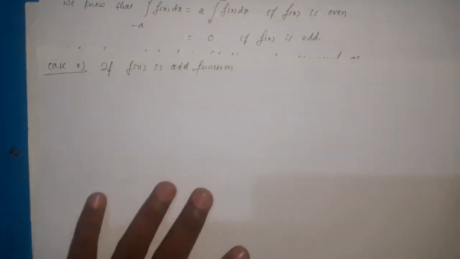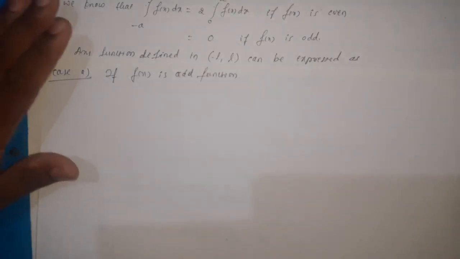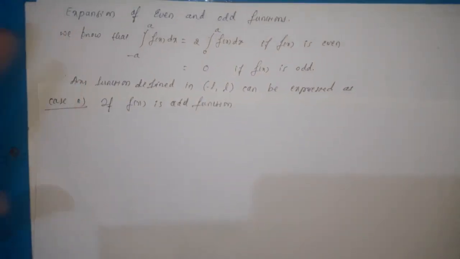Now let us start with the second case. If f of x is an odd function, here we know that the product of even and odd function is odd, and product of even and even function is even. So here f of x is odd and cosine is even. If you multiply one even and one odd, then the product will be odd, right?